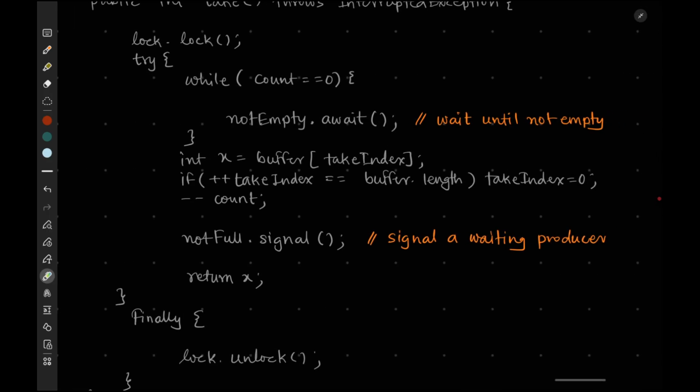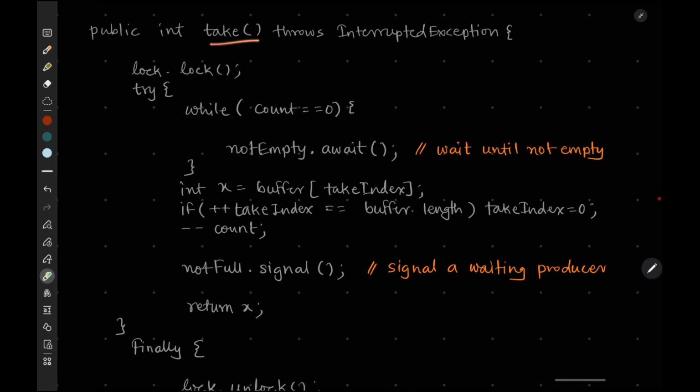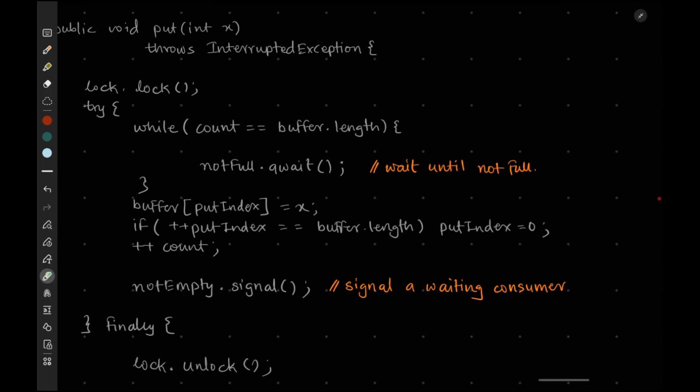Later, in the take method, when a consumer acquires that lock and takes an item from the buffer, after removing that item, it calls the notFull.signal method. That signal method wakes up only one waiting producer, which then reacquires the lock.